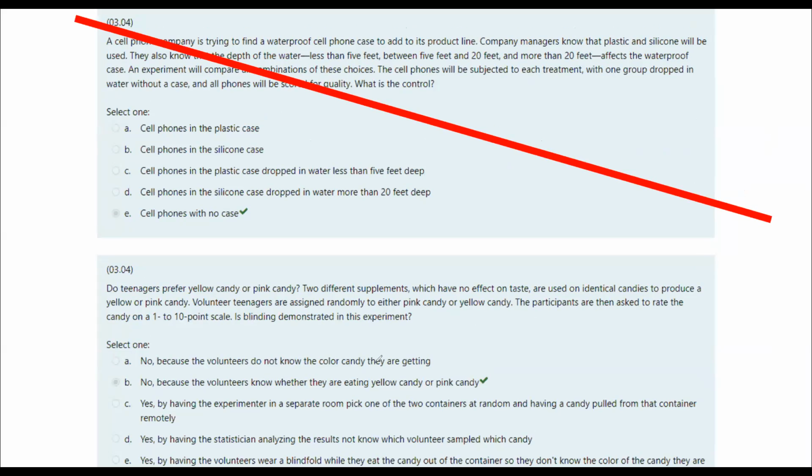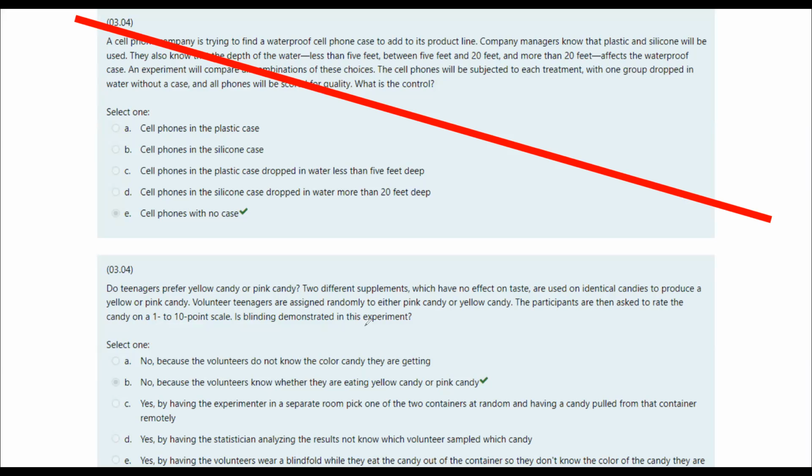Do teenagers prefer yellow or pink candy? Two different supplements, which have no effect on taste, are used in identical candies to produce pink or yellow candy. Volunteer teenagers are assigned randomly. Participants are asked to rate the candy. Is blinding demonstrated? What is blinding? Blinding is when someone doesn't know about something.